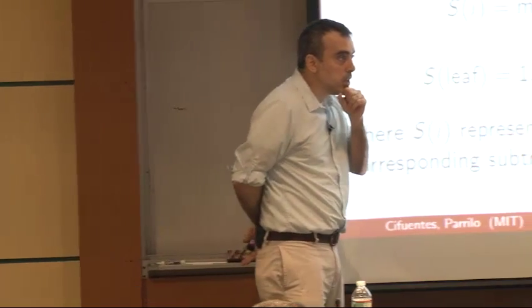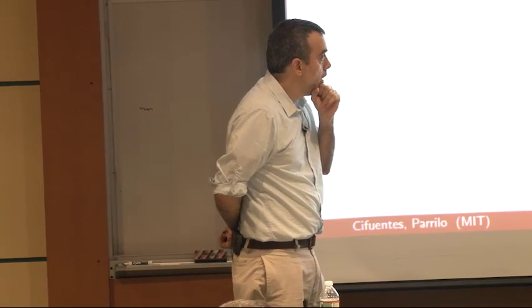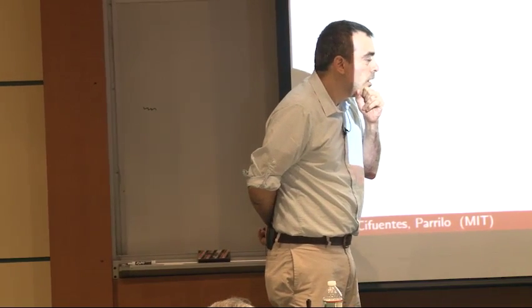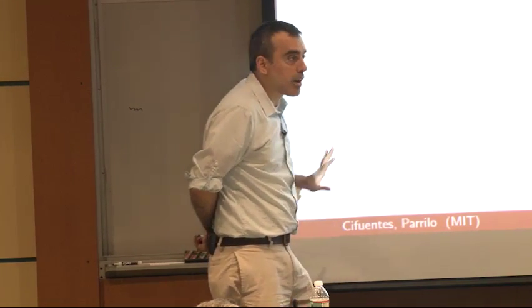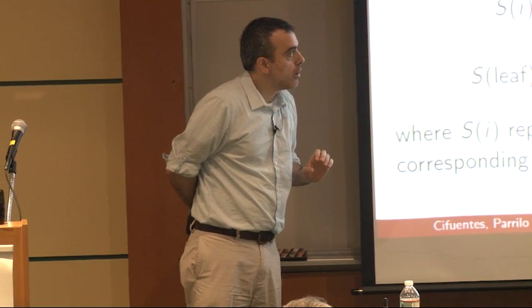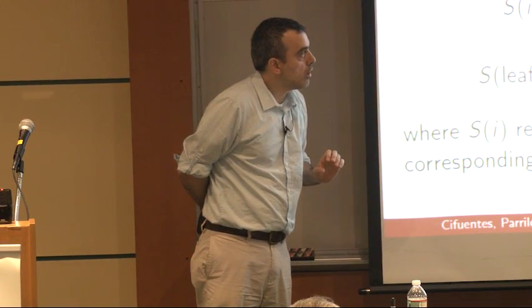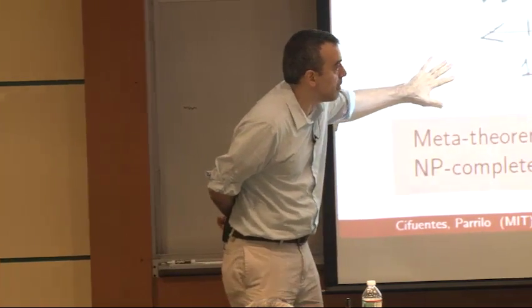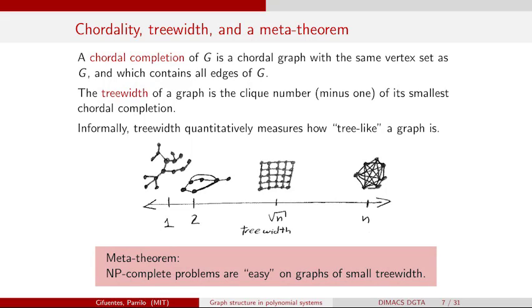Yes? Is the meta theorem backwards for largest clique? What do you mean? Largest clique. Yeah. For the largest clique, the same thing is true. It's backwards, right? Because it's the same problem in the other direction. You want very dense graphs to be easy. Well, necessarily, yeah, but there's an implicit trade-off in here, right? For a graph to have small tree width, it has to be kind of sparse.